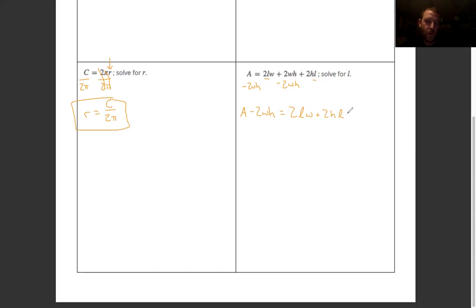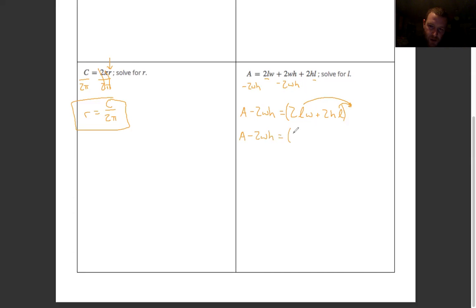Well, how can we get the L by itself? The easiest thing to do is to reverse distribute. And I can pull out what is in both. Now there's a 2 in both. I can pull out a 2 still, but I want to get rid of the 2, so I'm going to leave it in there. But I want to pull out the L. That way it gets the L by itself. And so when I do that, I get A minus 2WH is equal to what's left in here.